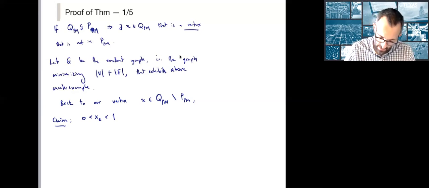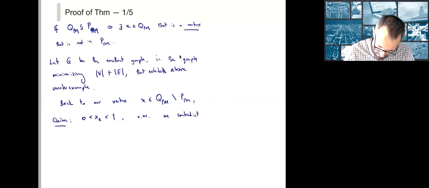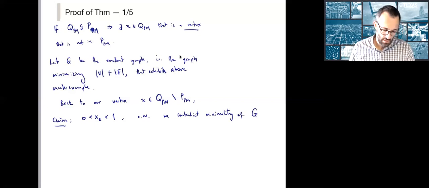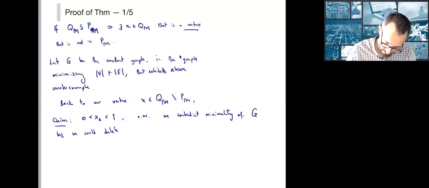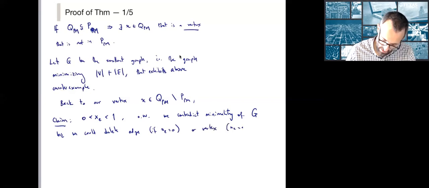So why is this? Otherwise, we contradict minimality of the graph G, because we could delete an edge if xe equals 0, or a vertex potentially if xe equals 1.